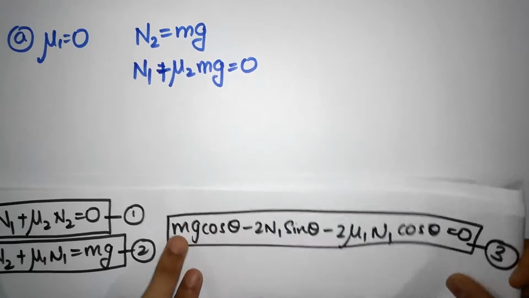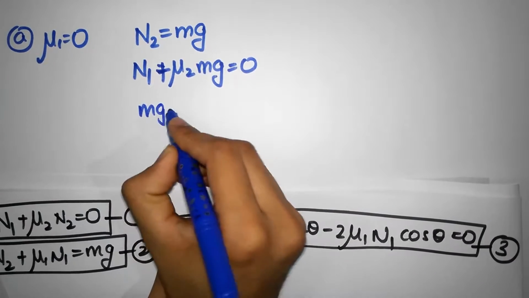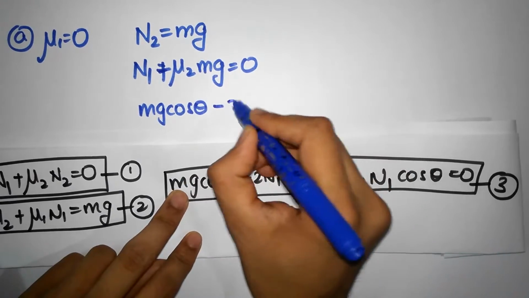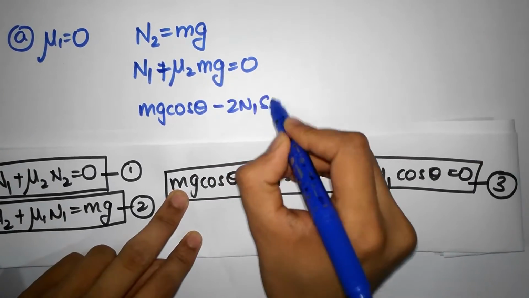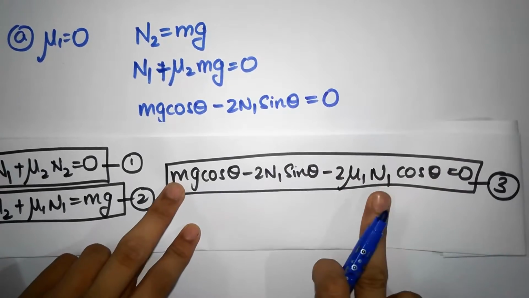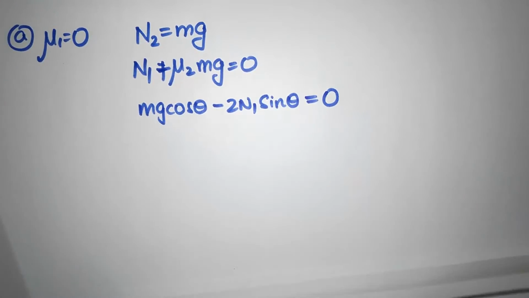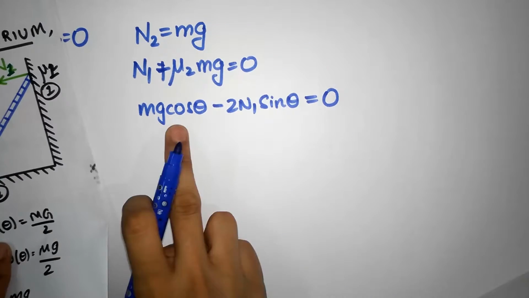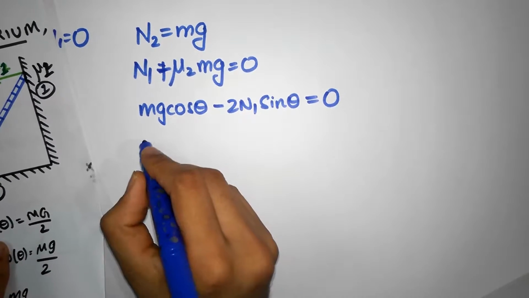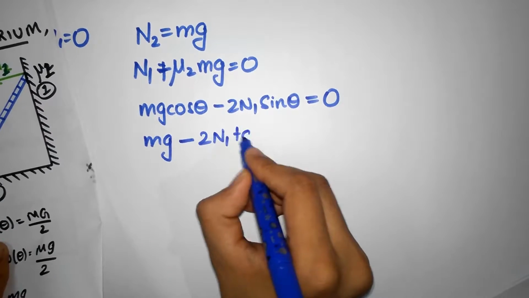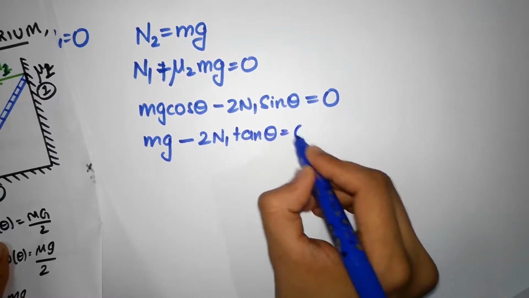And what we now end up getting is mg cos theta minus 2n1 sin theta equal to 0, because this term is gone now. We have to see whether we can derive this n2 tan theta. Alright, so to get tan, I'm going to divide the whole thing by cos. So mg minus 2n1 tan theta equal to 0.